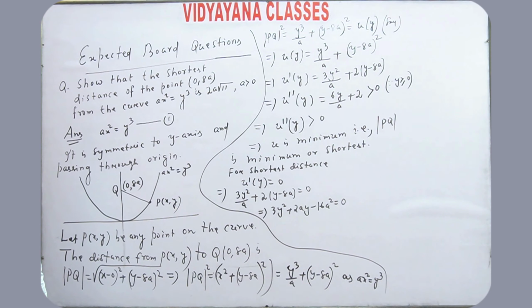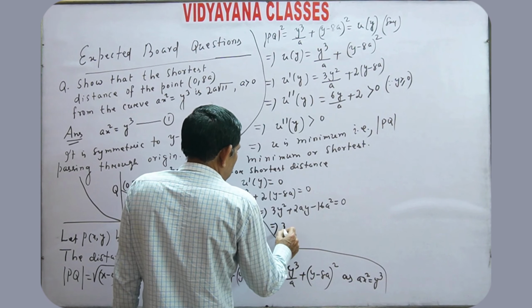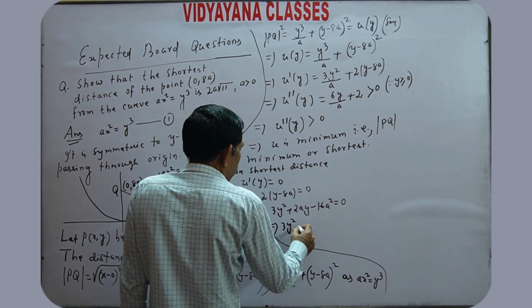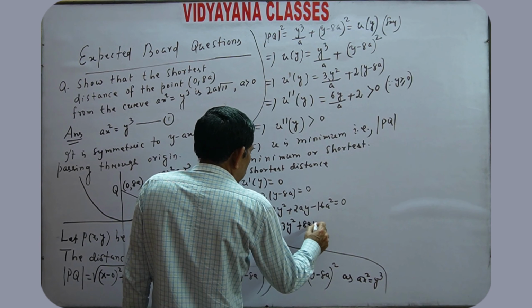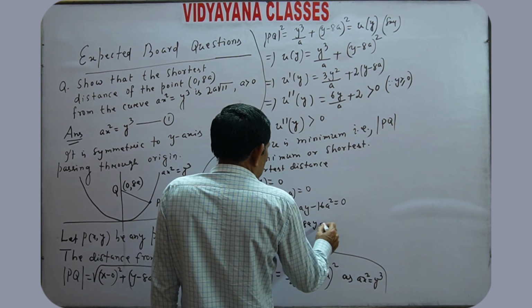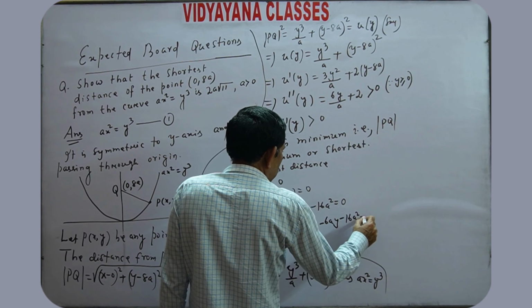Okay. By the middle term split, 3y² + 8ay − 6ay − 16a² is equal to 0.